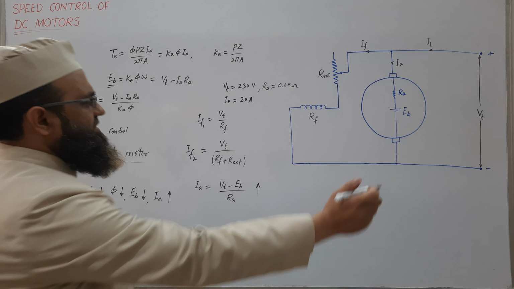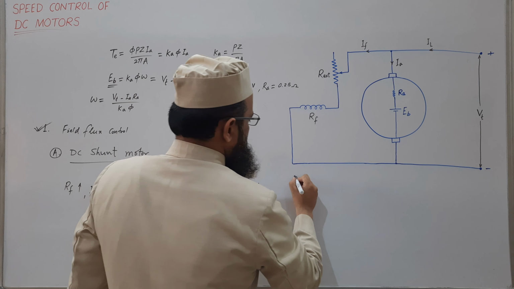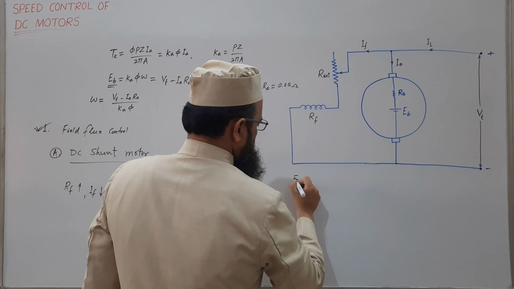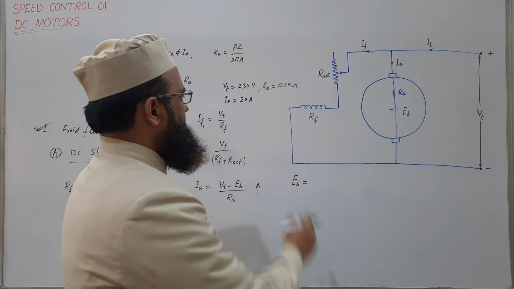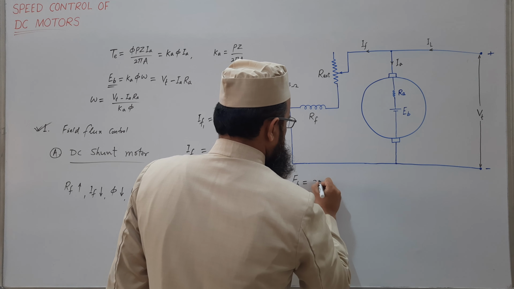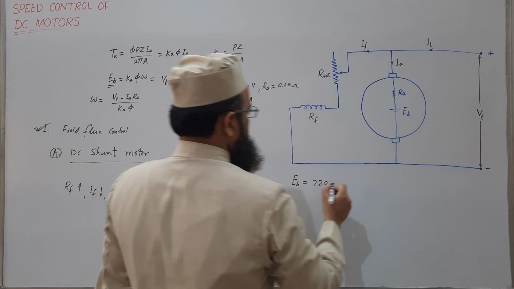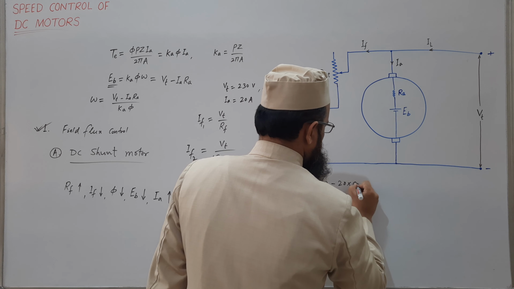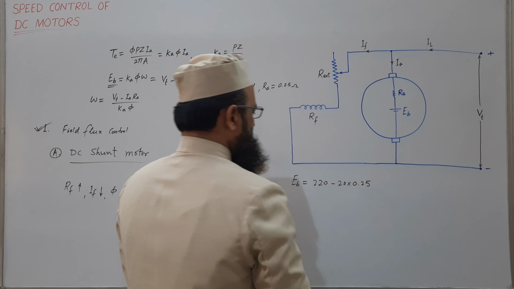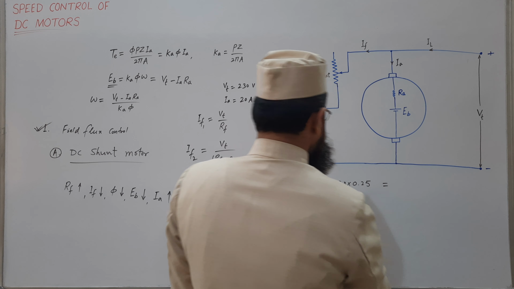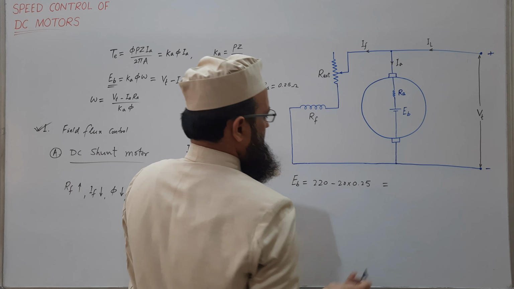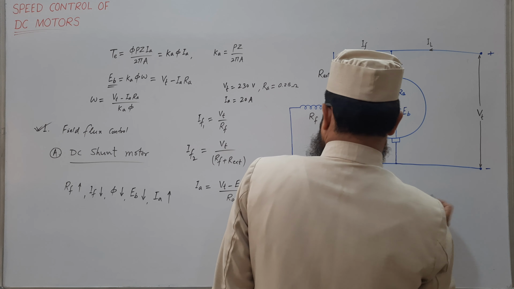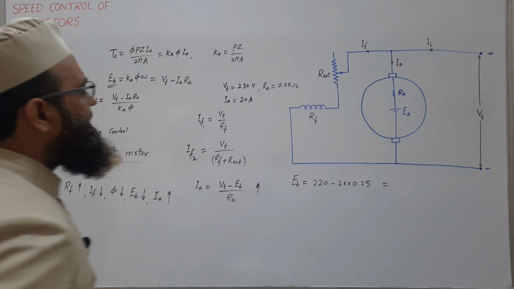So initially what was Eb? If we are ignoring brush drop, then Eb will be Vt, that is 230 volt, minus Ia, 20 into 0.25. So this is coming out to be 225, fine, just calculate it.